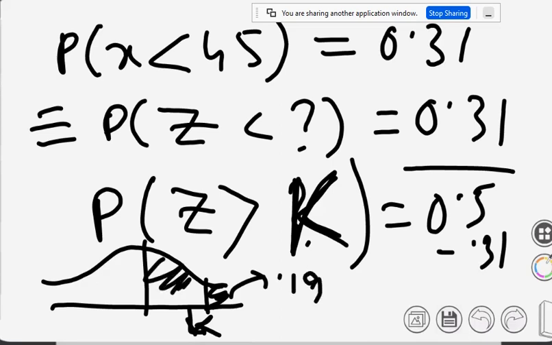If this area is 0.31, this area is 0.19. Isn't it?